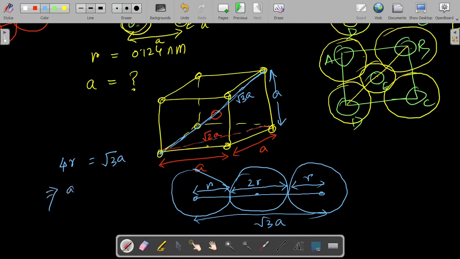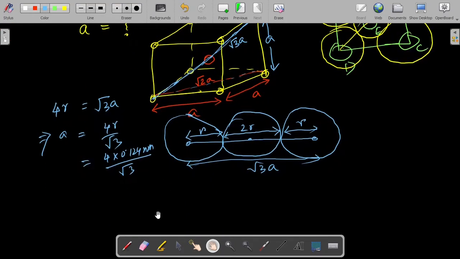Now from here, A is equal to 4r by square root 3, and we already have r, so 4 into 0.124 nanometer divided by square root 3.